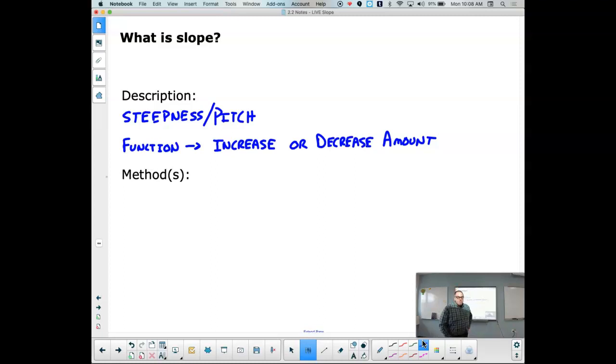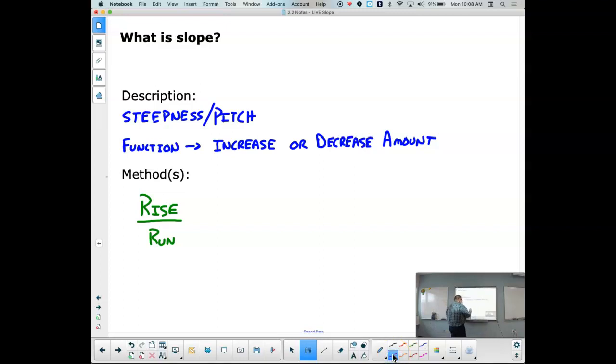Okay? The methods that we can use to find the slope of a line are, it's always rise over the run if we have the picture. So if you actually have the picture of a line, you can determine the slope by the rise over the run between two specific points.